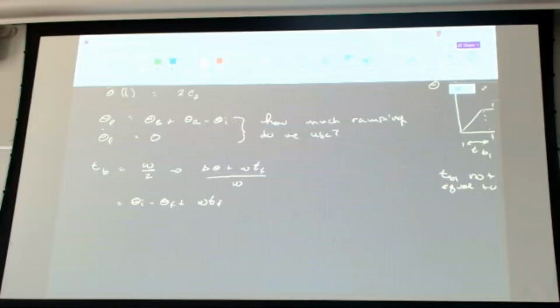So remember, this is how far I'm going to get. This is my change of these two. You could consider this to be a theta dot if you wanted to.